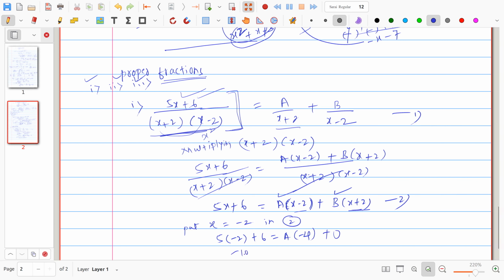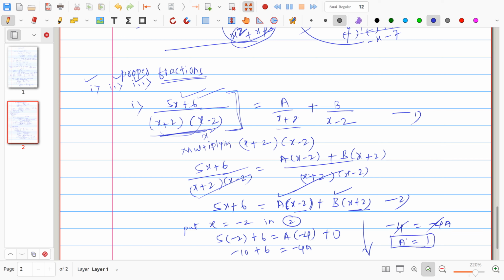So this is -10 + 6 = -4A, so -4 = -4A, -4 will get cancelled, and A = 1.